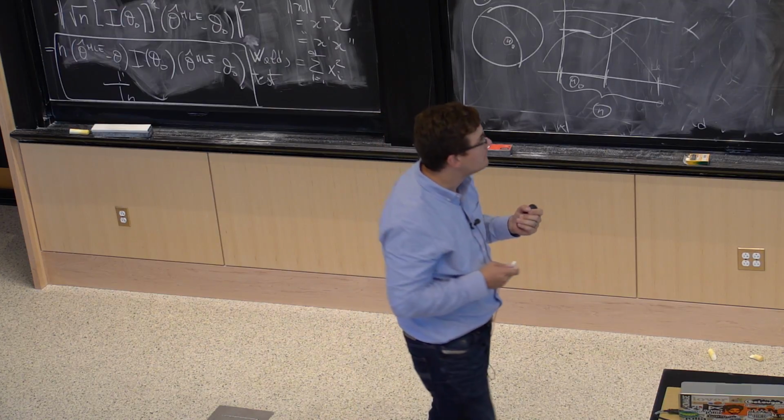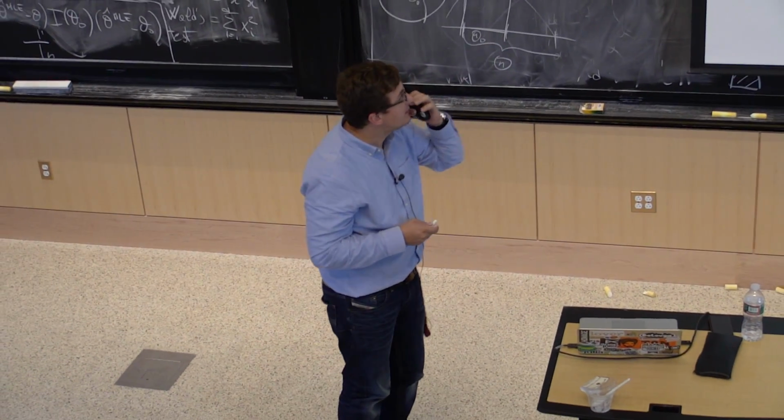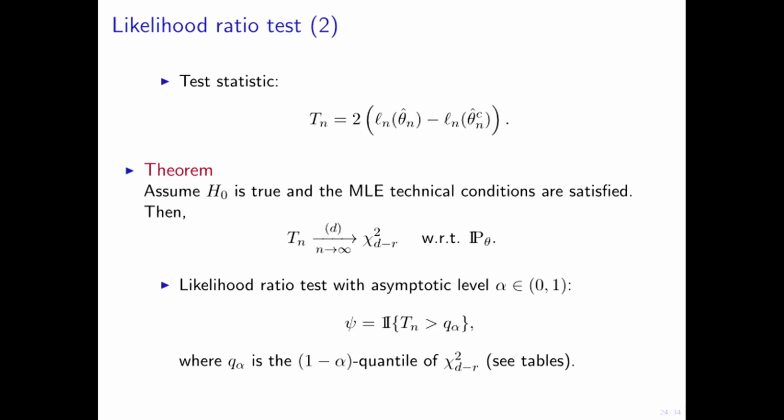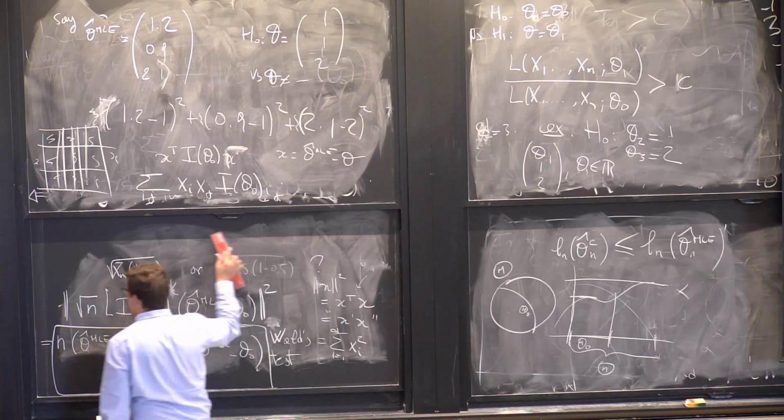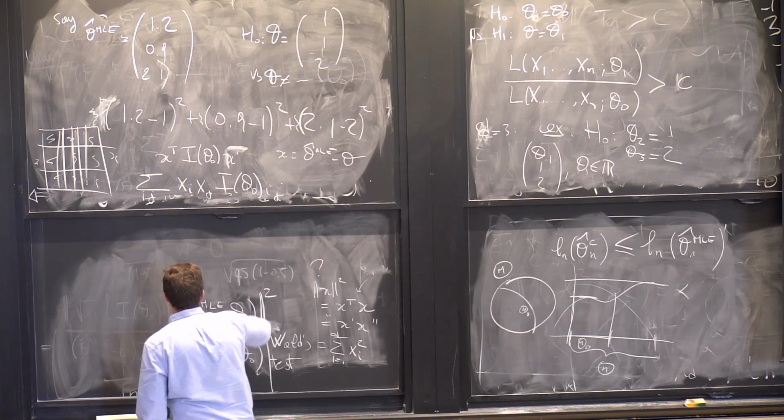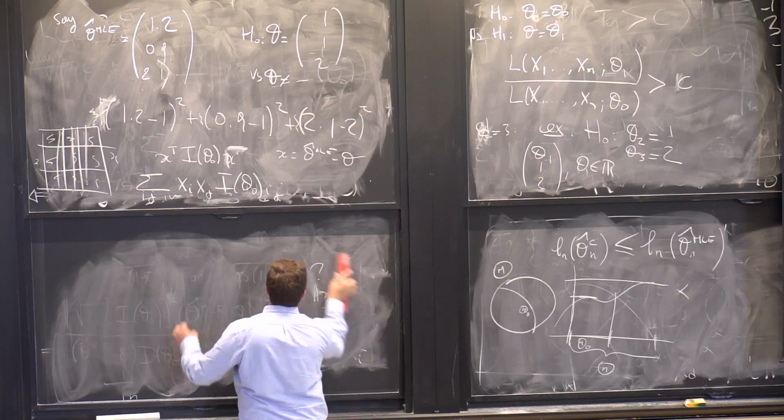And this is exactly what this test is doing. So that's the likelihood ratio test. Rather than looking at the ratio of the likelihoods, we look at the difference of the log likelihoods, which is really the same thing. And there's some weird normalization factor 2 that shows up here.